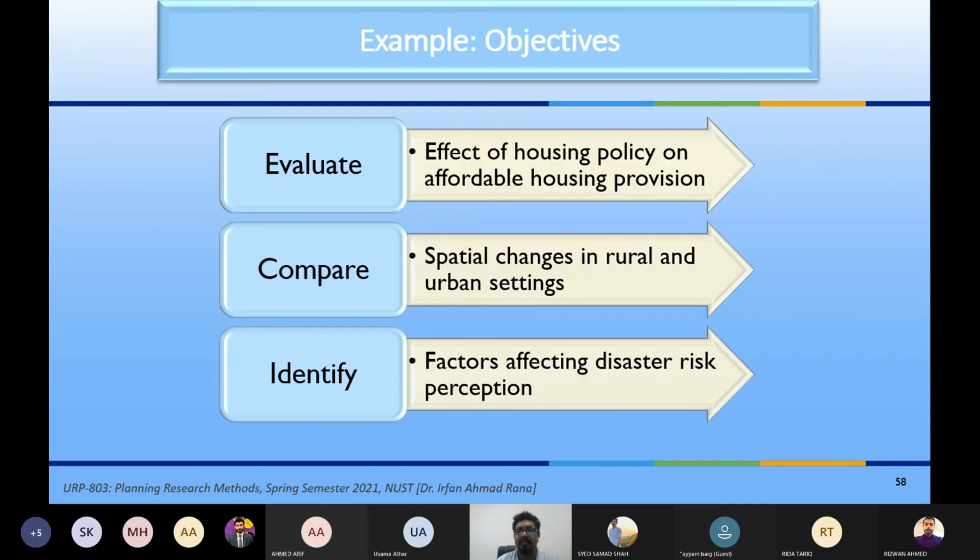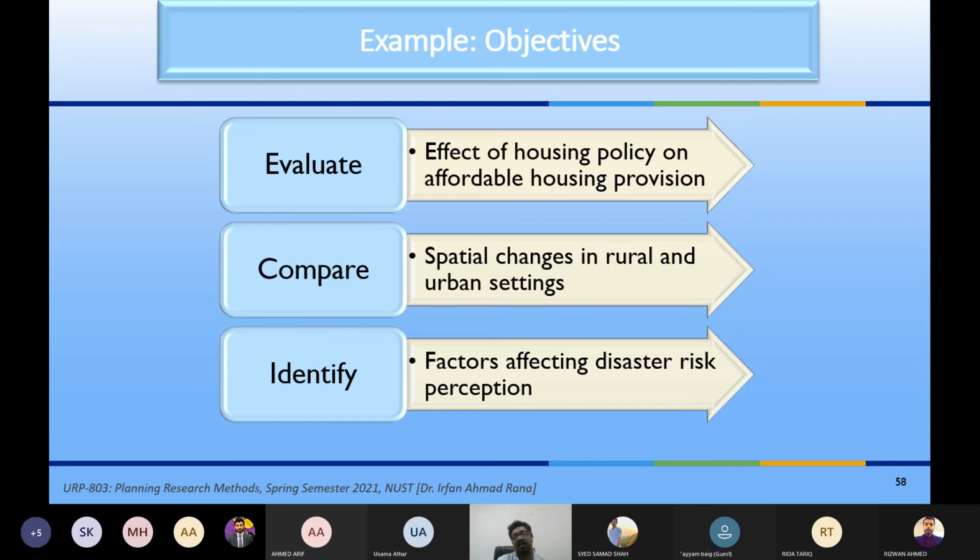Now, how do we relate your questions with your objectives? Recall the words used for objectives. I'm evaluating the effect of housing policy on housing provision. The question would be: what are the effects of housing policy on affordable housing provision? The objective: to evaluate the effect of housing policy on affordable housing provision.